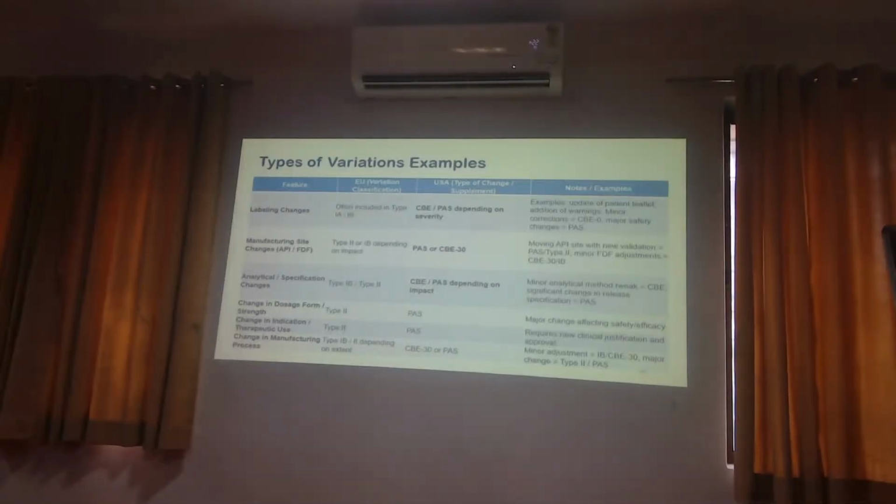So whenever there is any kind of approval, the regulatory team has to closely coordinate with the site. There is something called a BOM, bill of material. It is for the finished product as well as the packaging material.